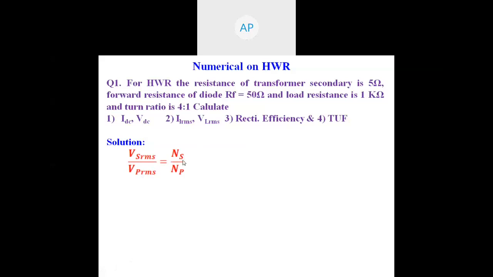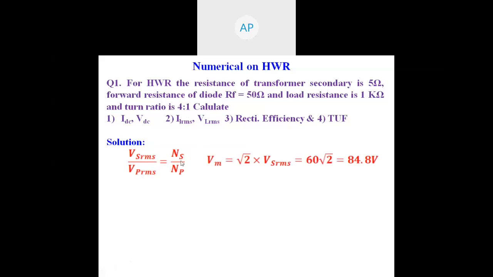The examiner has provided this information as Np is to Ns equal to 4 is to 1. If we rearrange this, the value will be 1 by 4.